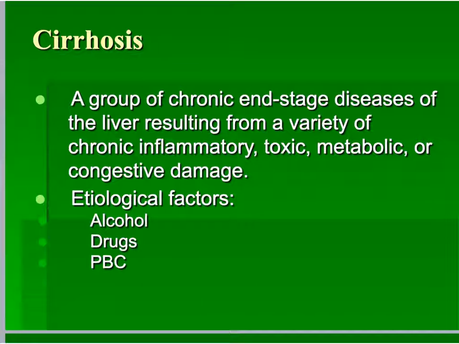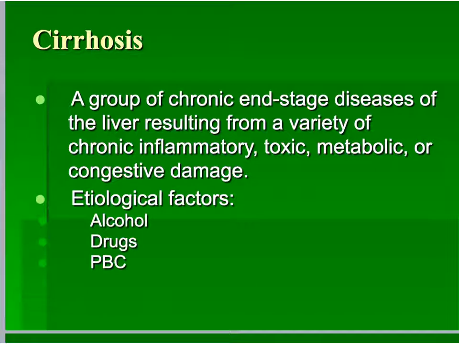In primary biliary cirrhosis, we see chronic progressive liver disease due to inflammatory destruction of the common bile duct. The bile duct allows bile to go from the liver to the gallbladder.